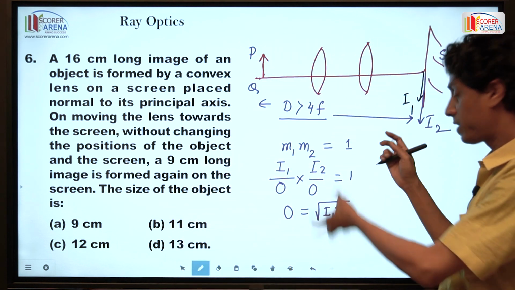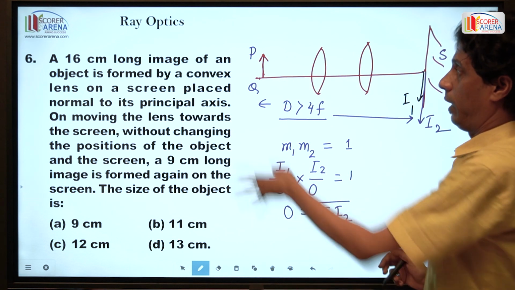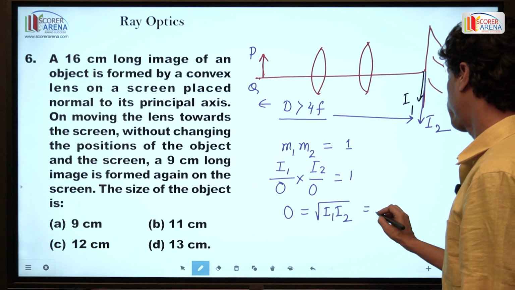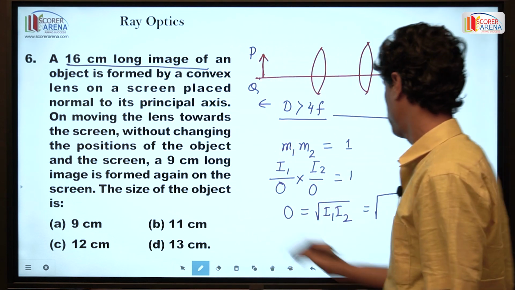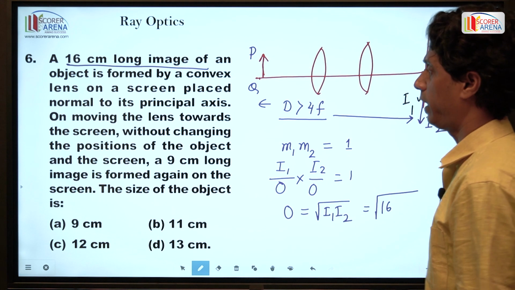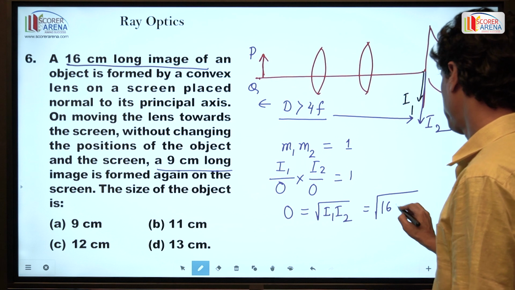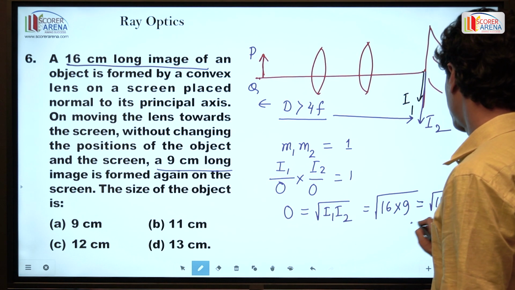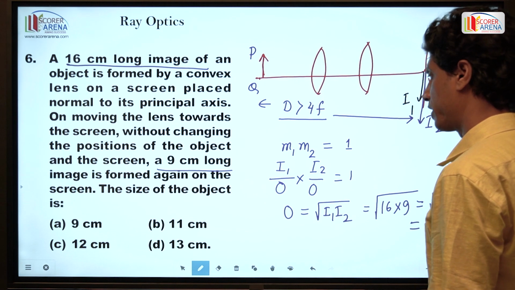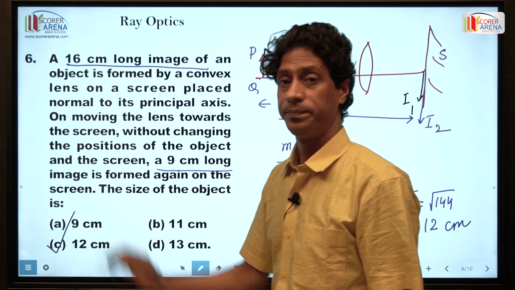The size of the object is the geometrical mean of the images. The size of the first real image is 16 centimeter and the size of the other real image is 9 centimeter. So 16 into 9 is 144, root over 144. So the size of the object is 12 centimeter. The right option here is C.